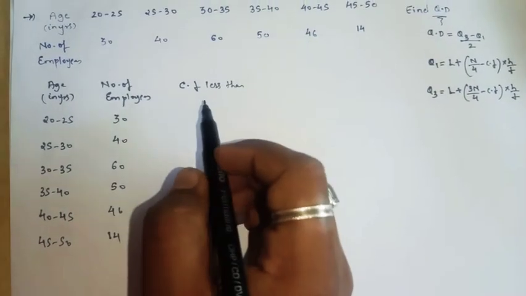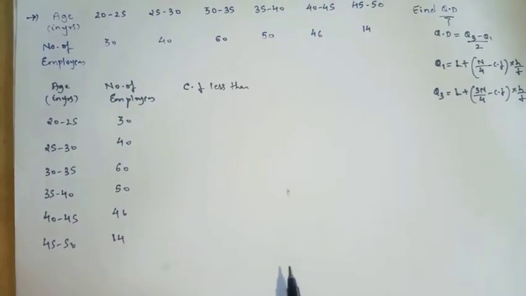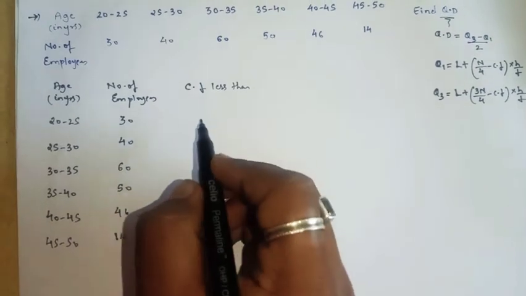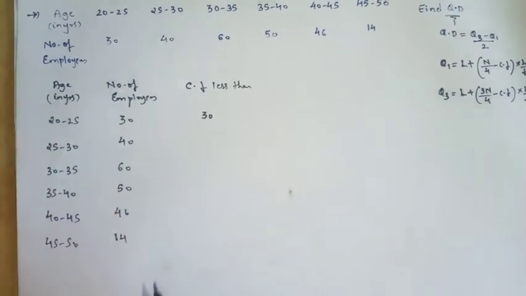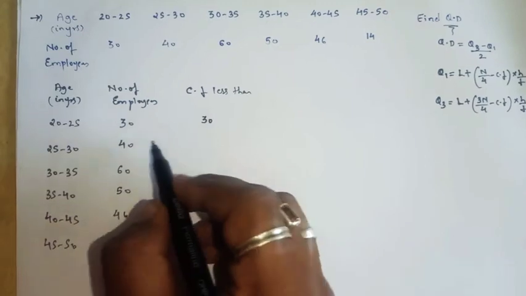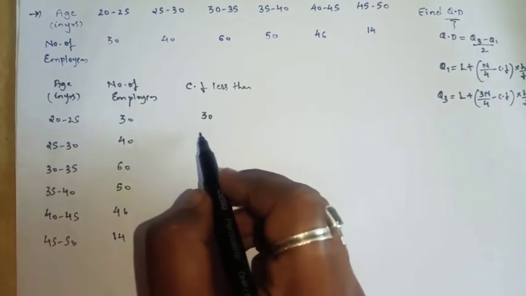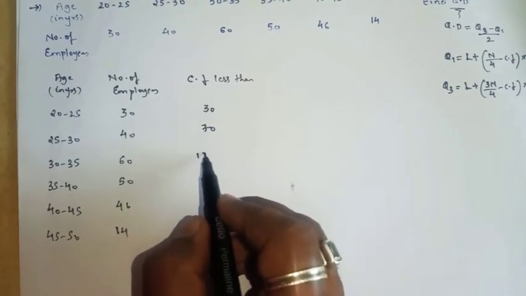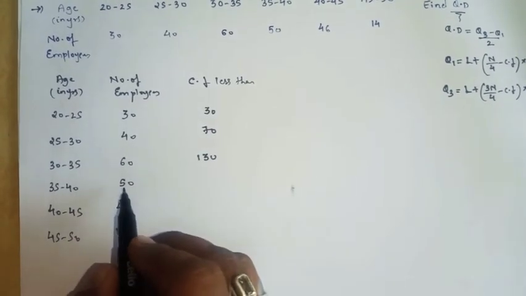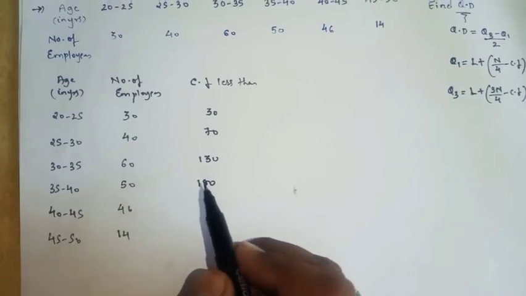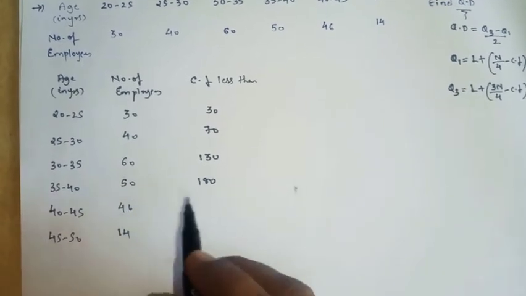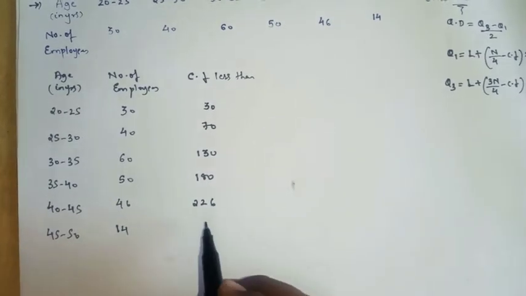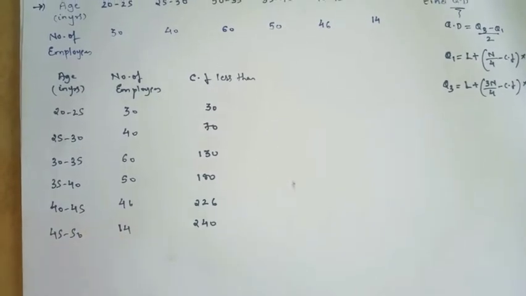After this we have to find the cumulative frequency less than. We all know how to find it. First we write 30, then go on adding: 30 plus 40 you get 70, then 70 plus 60 you get 130, then 130 plus 50 you get 180, then 180 plus 46 you get 226, and 226 plus 14 you get 240.